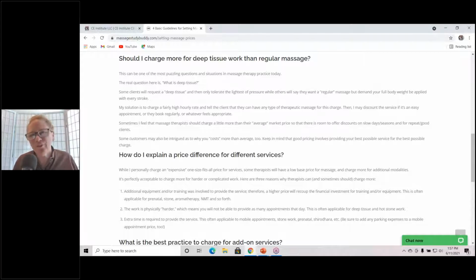Keep in mind, there's also people who book deep tissue massage and you barely touch them and they say, oh, that's too much pressure. So you might have the vice versa, where you have people booking deep tissue, but they're not taking deep tissue treatment at all. And of course, it would be ethical to say, this is not a deep tissue treatment, so I'm going to charge you the Swedish massage price.